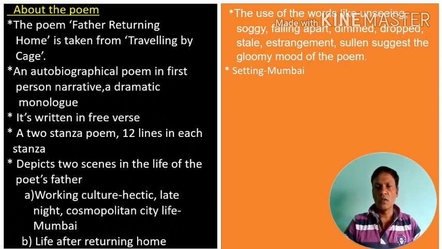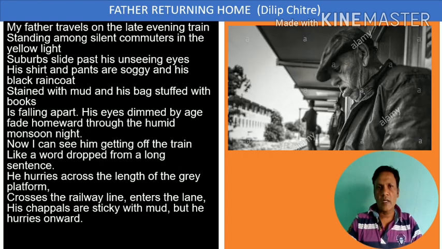So these are the two stanzas describing 2 different pictures in the life of the poet's father. Then the use of the words like unseen, soggy, falling apart, deemed, dropped, stale, estrangement, sullen suggests the gloomy mood of the poem. Now let's try to have a detailed analysis of the poem.